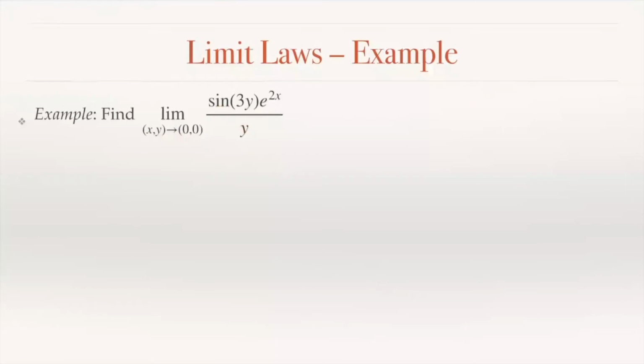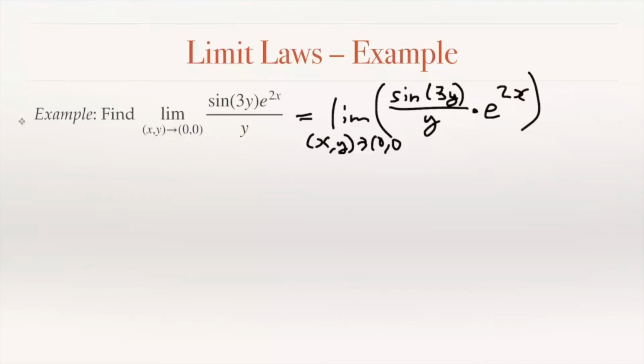Here's the idea. If we can separate this limit into two parts, one of which has only x in it, and the other of which has only y in it, then we can apply the product rule and separate it into two different limits.